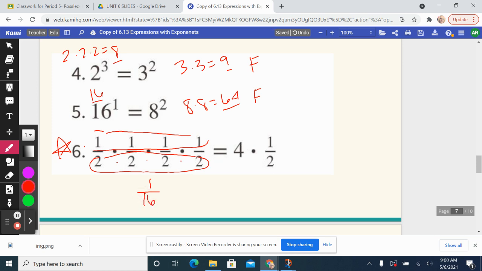So 1/16 is the answer for that one. Now this one, you're going to do 4 times half. So remember, you're going to do 4 over 1 times 1/2. So 4 times 1 is 4. 1 times 2 is 2. Well, 4 divided by 2, that's 2. So is 1 over 16 the same as 2? The answer is no. So number 6 is false.